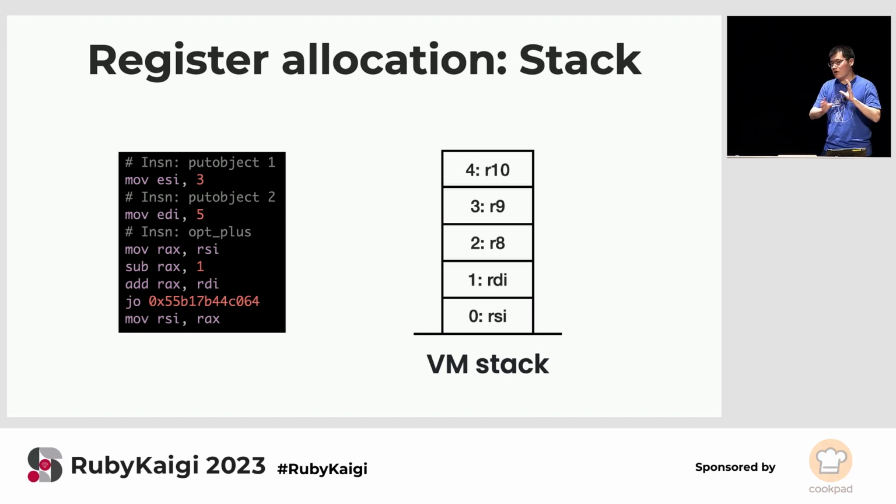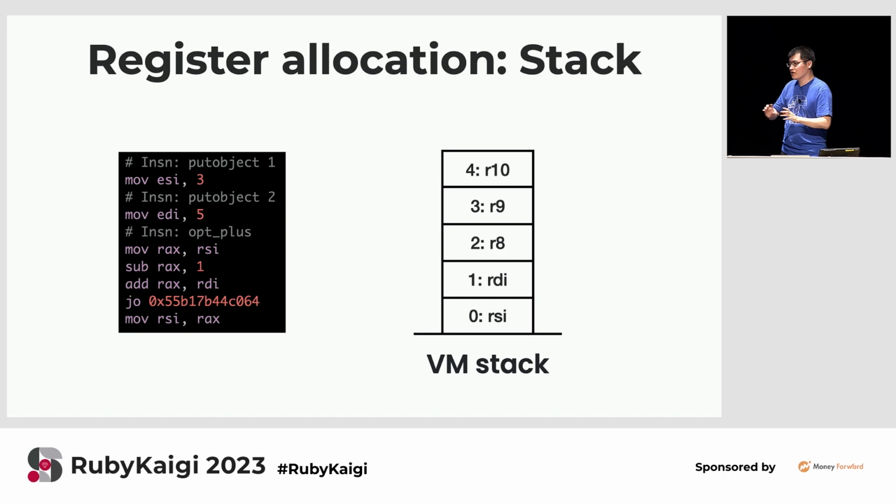So how Ruby virtual machine works is you use a set of memory as a stack, but if you JIT compile that code, instead of using the memory as the stack slots, you could use registers as the stack slots. And in general, reading memory is slower than using register, so that makes the JIT code faster.